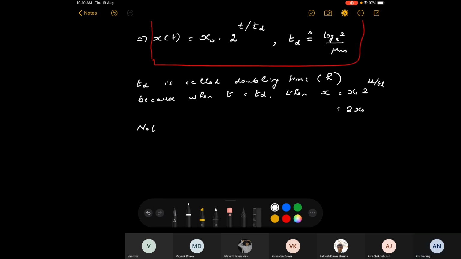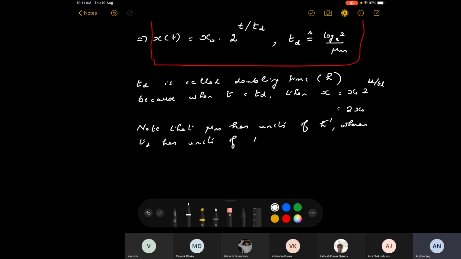Note that mu m has units of per hour, whereas td has units of time, hours.